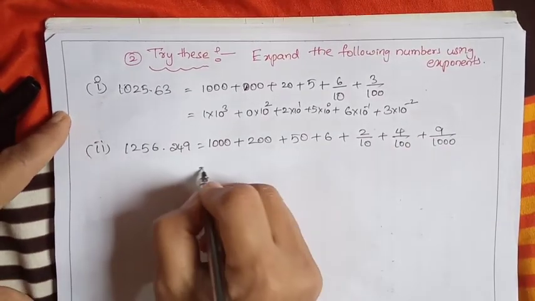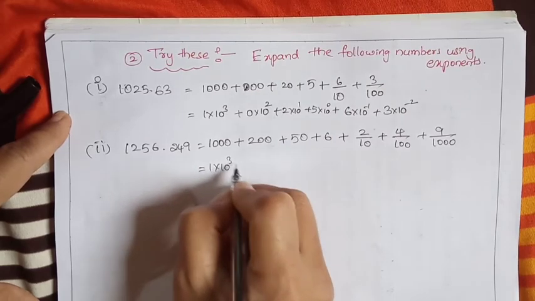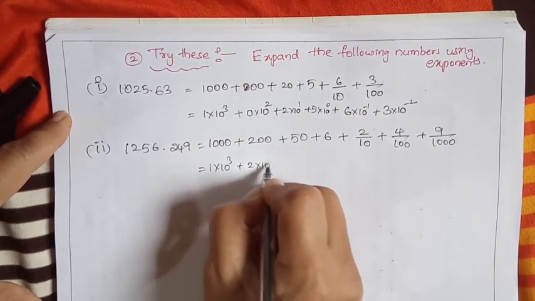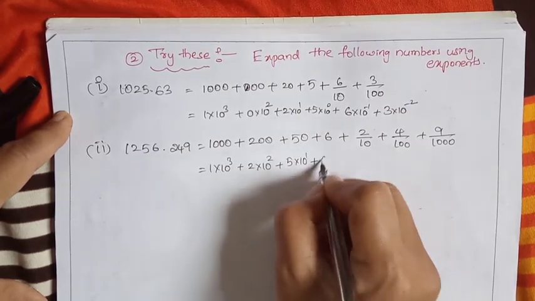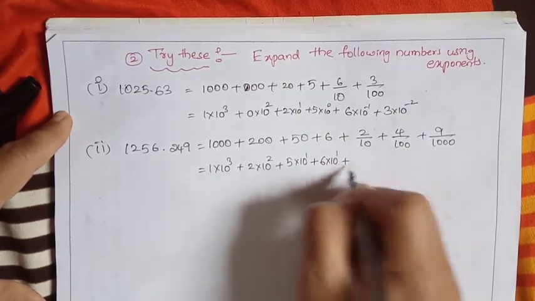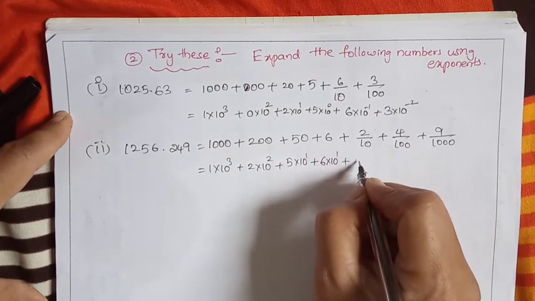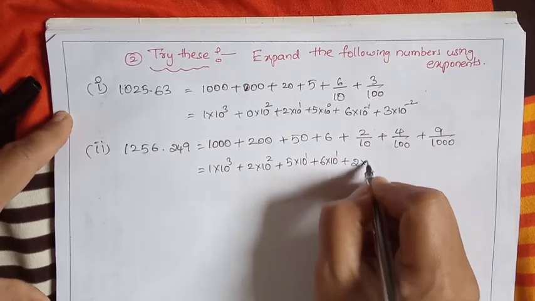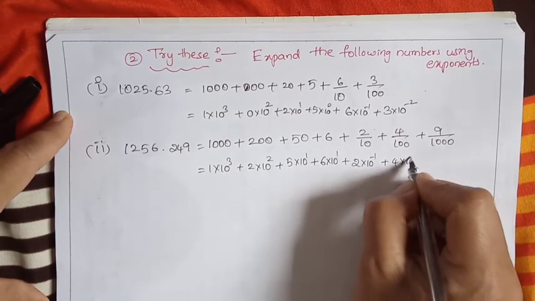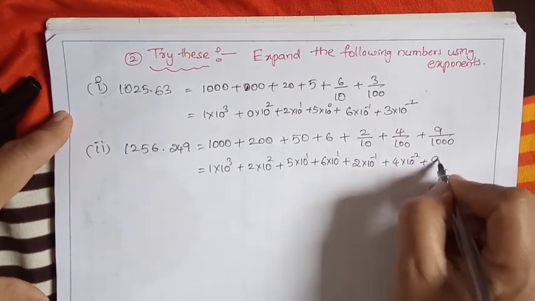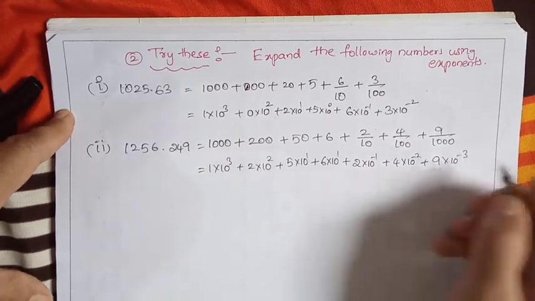Okay, 1 into 10 cube, 2 into 10 square, 5 into 10 to the power 1, 6 into 10 to the power 0. Here 2 into 10 to the power minus 1, 4 into 10 to the power minus 2, 9 into 10 to the power minus 3.